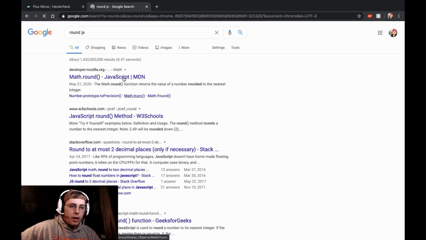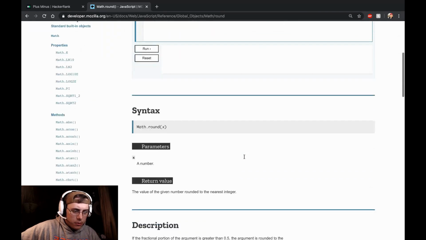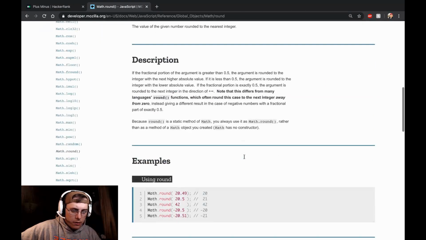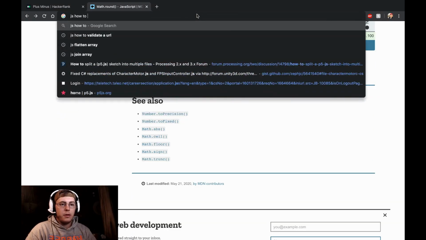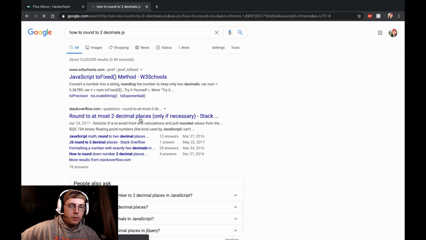I think Math.round lets me add how many places to round to. Does it not? No, it just takes a number. Let's look up how to round to fixed.